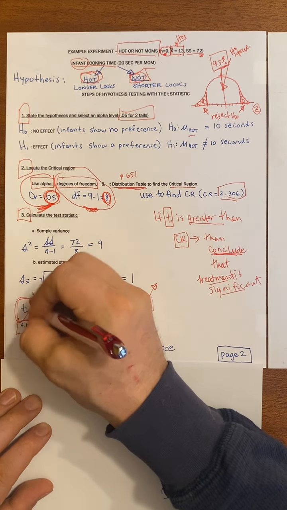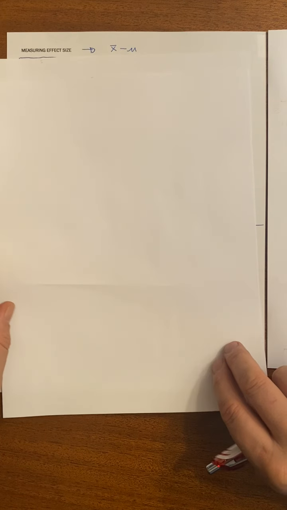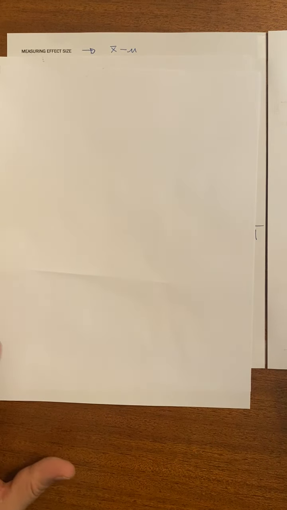Often a researcher won't want to just find out if they got significant results in their study. A researcher will also want to find out information with regard to effect size. We talked about effect size in previous chapters. I just want to remind you, when we talk about effect size, we're talking about the difference between the sample mean and the population.